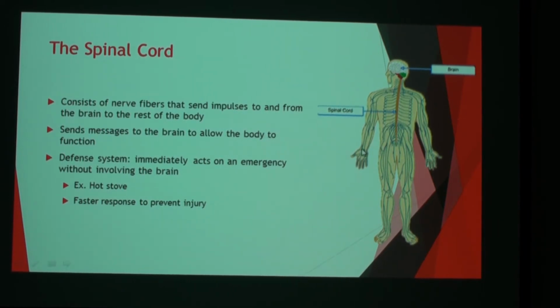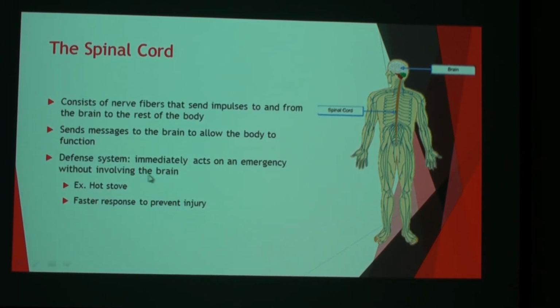So pretty much it's in between the neurons and the brain. So the spinal cord is what sends the messages from the body to the brain, and it's what allows us to function.